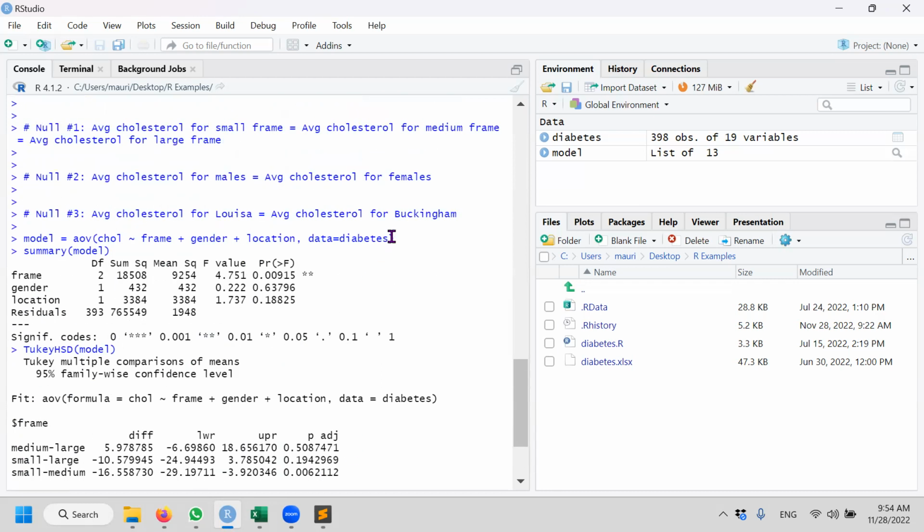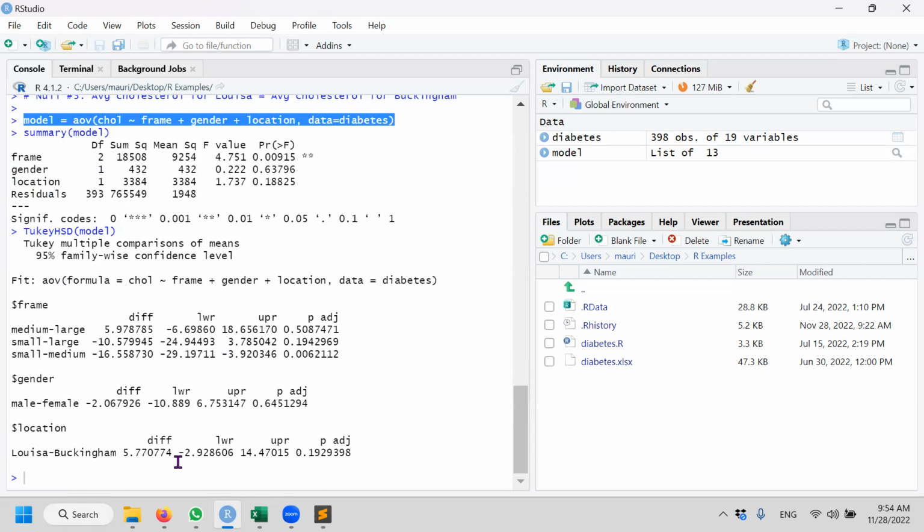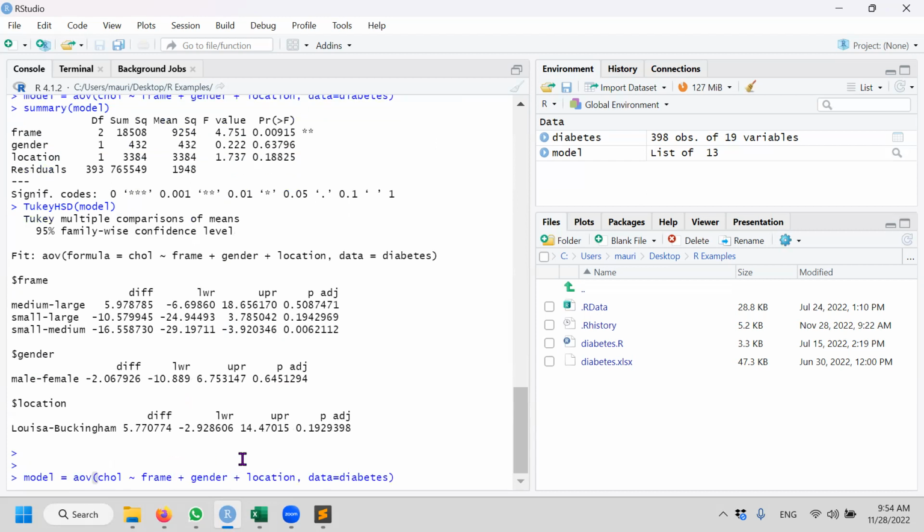Okay. So we can actually do the same for our multiplicative model. Multiplicative model means that we are looking for possible interaction. So maybe there is a difference between small body frame in Louisa versus medium body frame in Buckingham, or small body frame of females in Louisa versus large body frame of females in Buckingham.